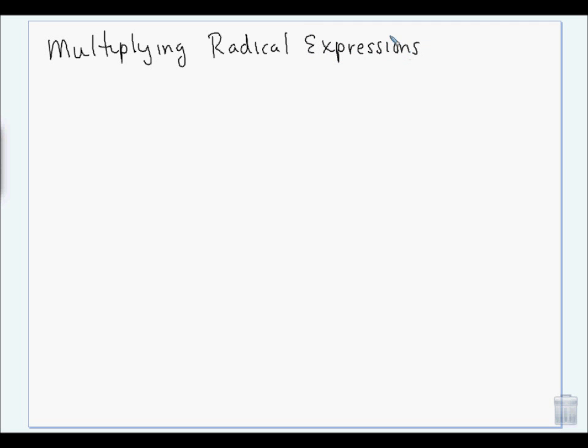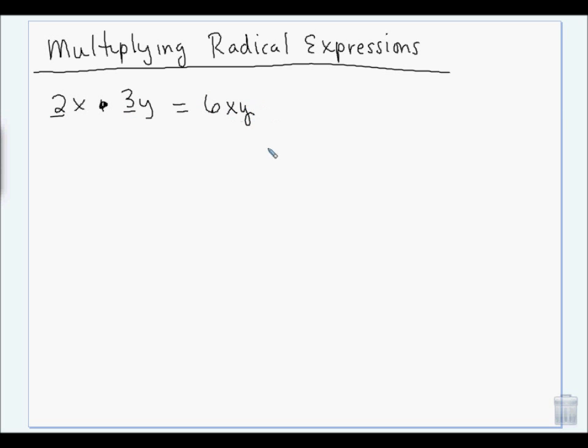Alright, so now we have multiplying. Now, do you remember if I said 2x times 3y, we multiplied the 2 and the 3 to get 6, and then we multiply the x and the y? So this is kind of the same idea.